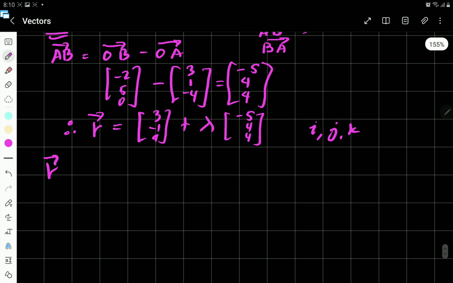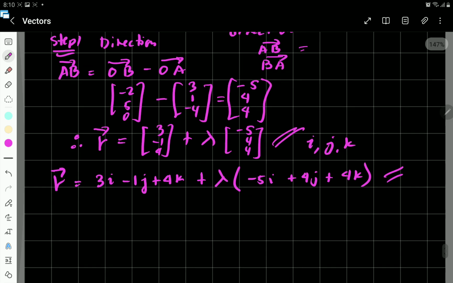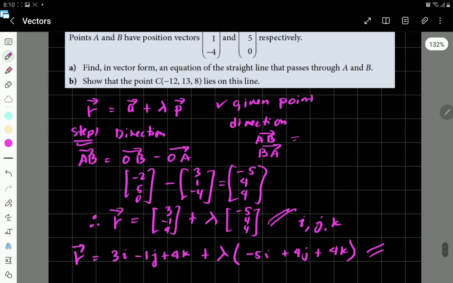So the vector r can be written as 3i minus 1j plus 4k plus lambda times the direction negative 5i plus 4j plus 4k. So you have two ways of writing your answer, either in this form or in this form. That's it for letter A.